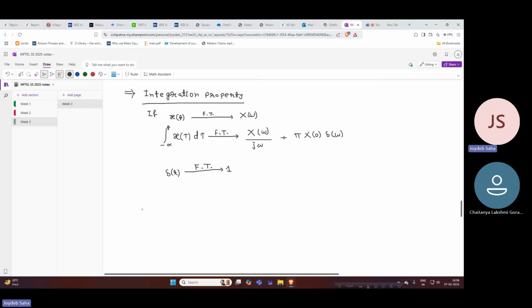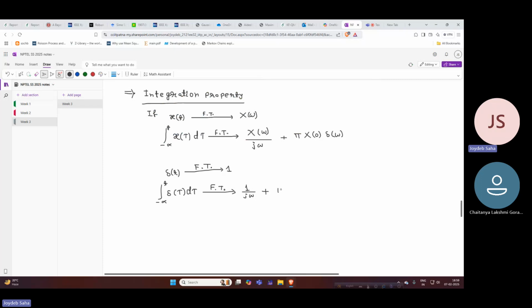So if we integrate delta tau d tau from minus infinity to t, what will its Fourier transform be? X(omega) is 1, so 1 by j omega plus pi into 1 into delta omega.